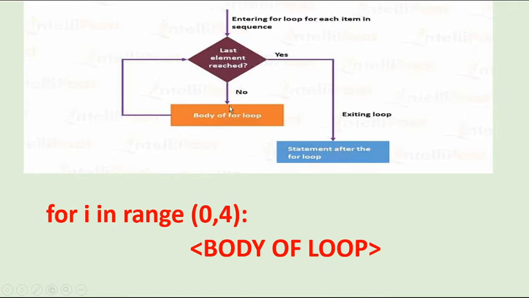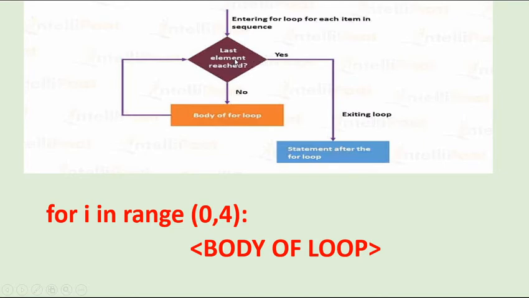Again, if the condition is false, then it will execute the body of the loop. After executing the body of the loop, again it will go back by incrementing the value of i. And this process goes on and on like a cycle till it reaches its destination. And what is the destination? The destination is it has to reach 4.